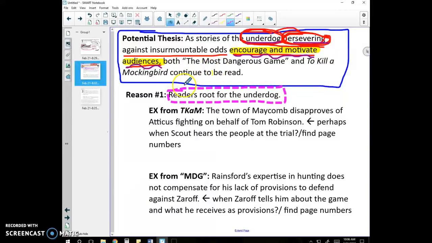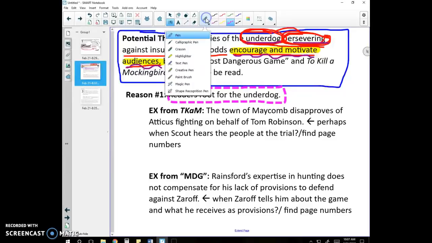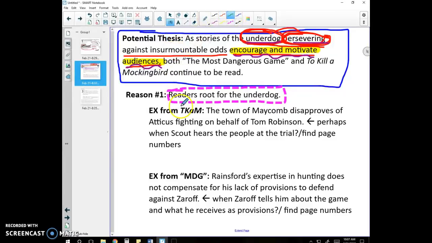So what I've done here is I've identified a couple pieces of evidence that I could use, right? I was just jotting this down: where is that from To Kill a Mockingbird? The town disapproves of Atticus fighting for Tom Robinson, right? So that's him being the underdog, people don't want him to succeed. Where would I find that evidence? How could I use that in the text?